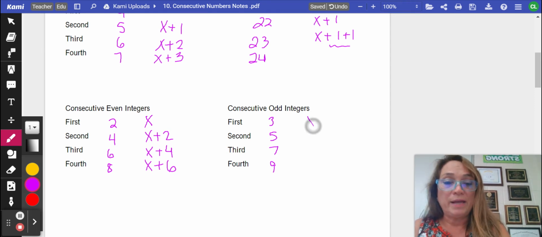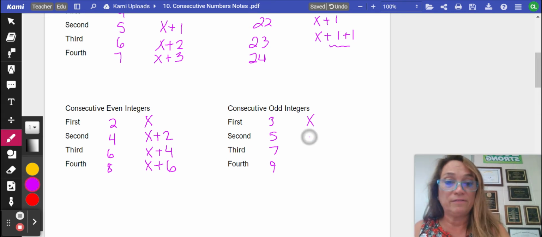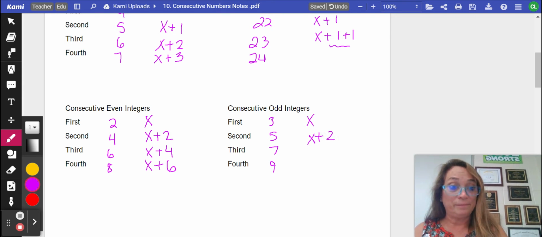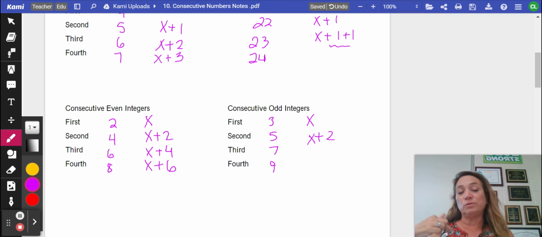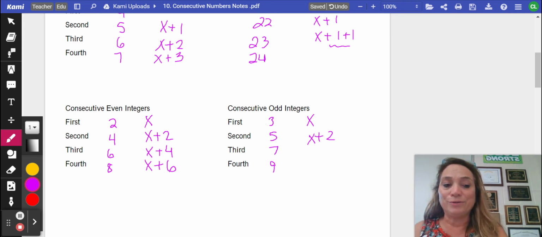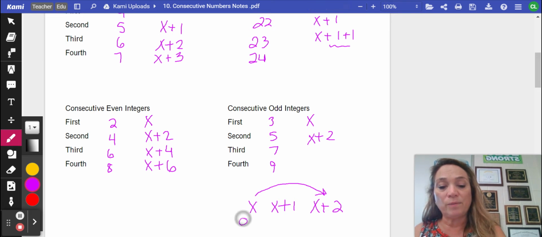So I'm going to call the first one x. Now how do you go from 3 to 5? 3 plus 2 is 5. So you're adding 2. Looks a lot like consecutive even. A lot of people think you're adding 2 because 2 is an even number. You're not adding 2 because 2 is an even number. You're adding 2 because that's jumping over the x plus 1 to get to the x plus 2, because our numbers go even, odd.